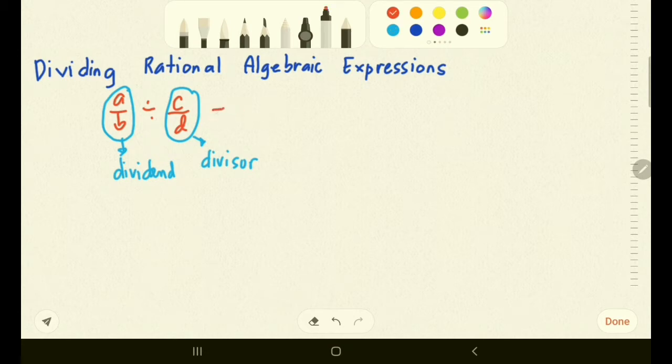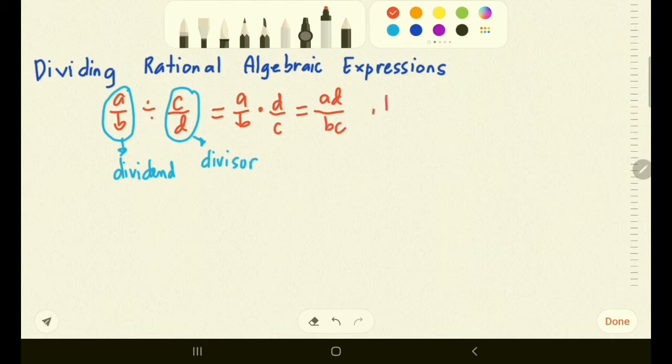You just copy the dividend, which is A over B, and then you change the operation from division to multiplication. So this becomes multiply by the reciprocal of the divisor, which is D over C. Then apply multiplication: A times D, that is AD, over B times C, that is BC.